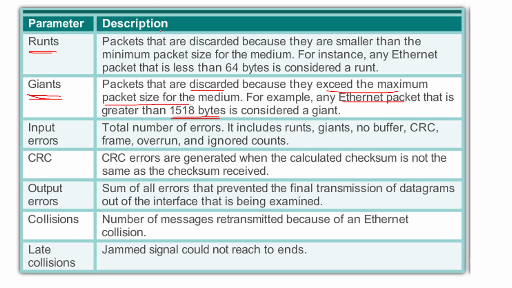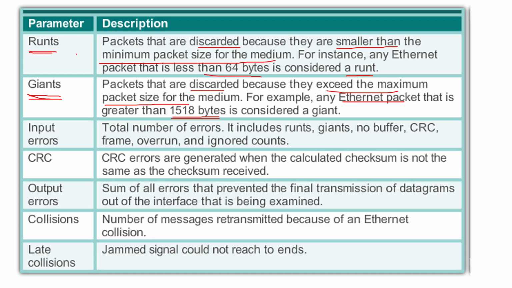You can see the packets that are discarded because they are smaller than the minimum packet size for the medium. For example, if it is less than 64 bytes, it is considered a runt. So a runt packet means a packet which is minimum in size, less than 64 bytes.